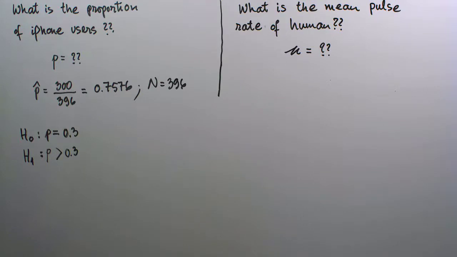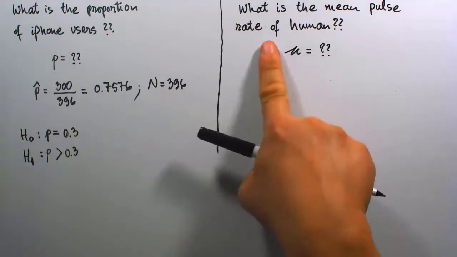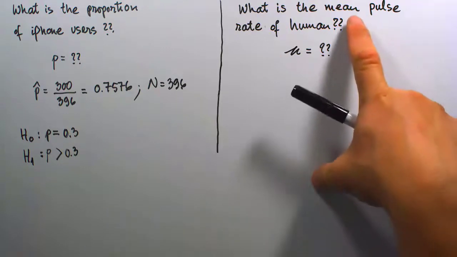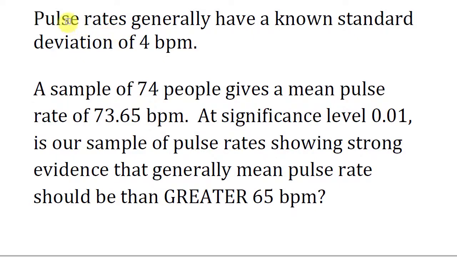Let's now turn our attention to what happens when we're testing a hypothesis about a mean value, a population mean value. So let's say on my computer screen here, it says that pulse rates generally have a known standard deviation of 4 beats per minute, but that's for now.